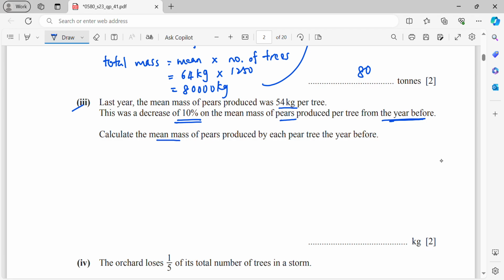Calculate the mean mass of the pears produced by each pear tree the year before. Okay, the year before. So this 54 kilograms was the decrease of 10% compared to the previous year. So from here I would say the mean mass equals 54 kilograms per tree.